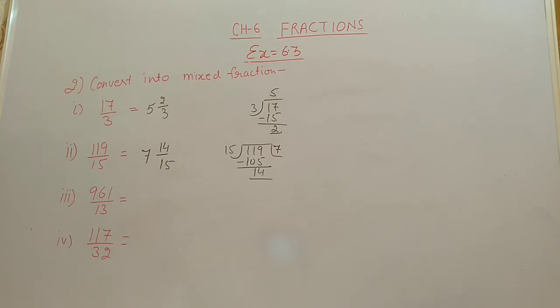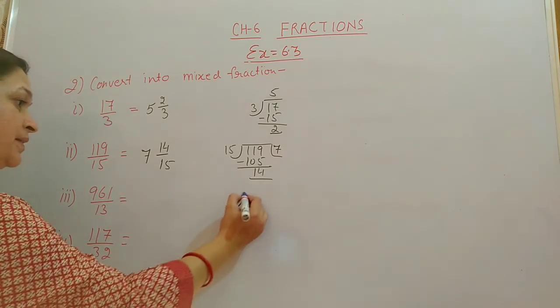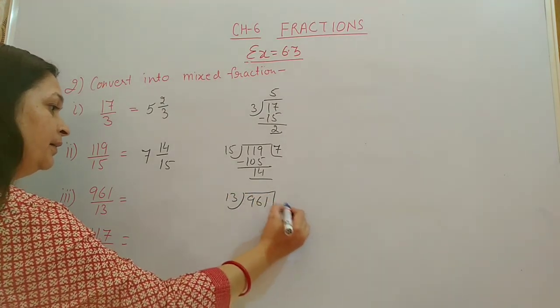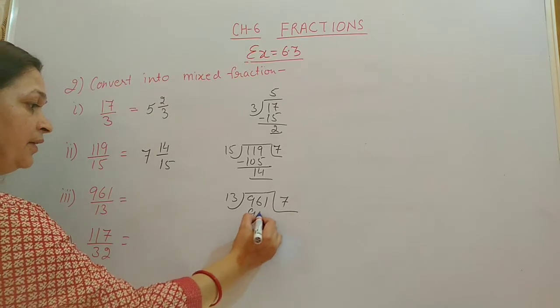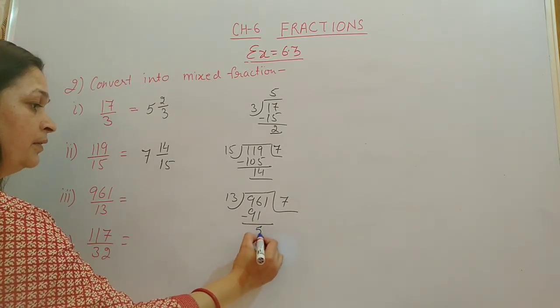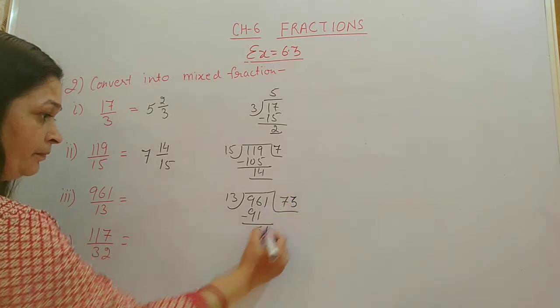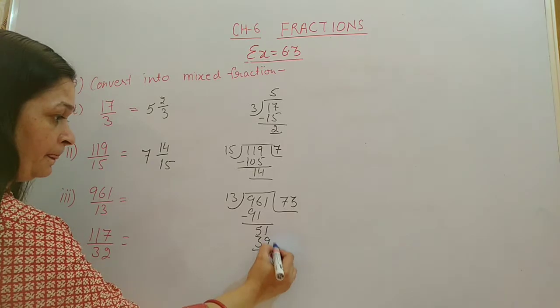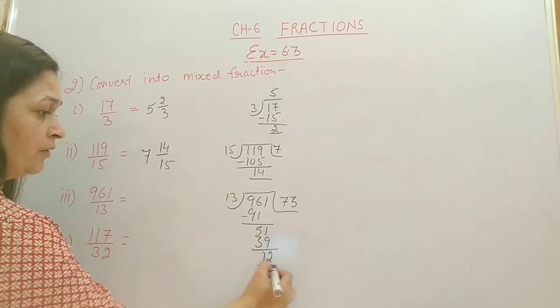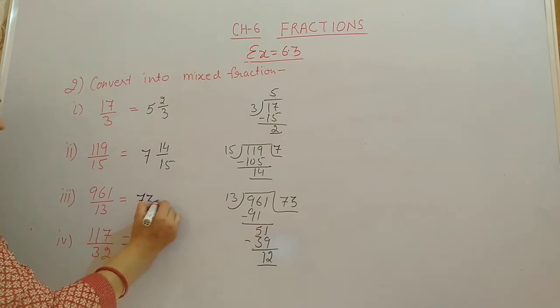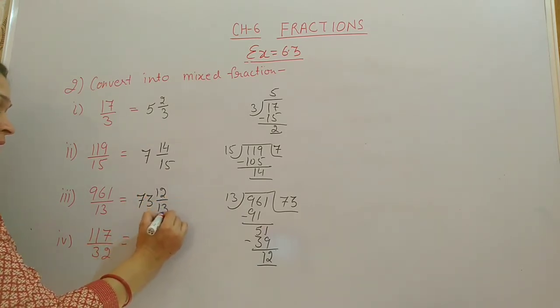Next one you have 961 by 13. So divide 961 by 13. 13 sevens are 91. Then you will get 51. 13 threes are 39. The remainder is 12. So 73 whole number 12 by 13.